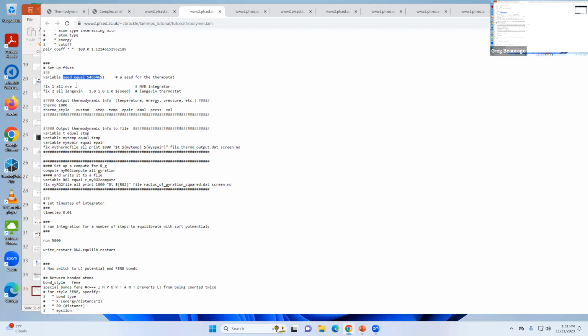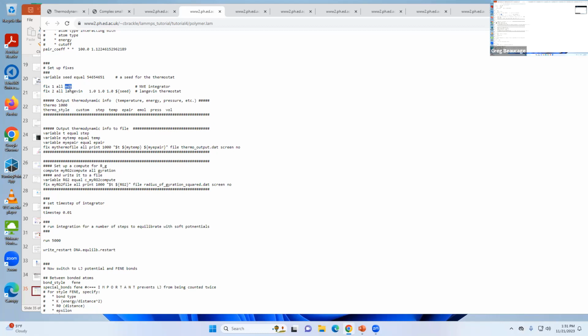And then the NVE integrator. I think for NVT you're fixing the temperature and the volume. I can't remember what NVE is. Canonical or grand canonical, fixing something.